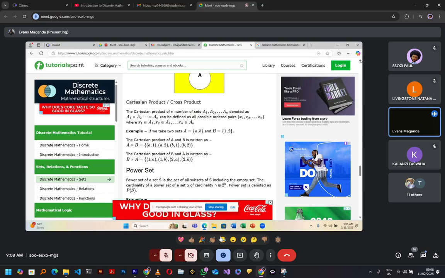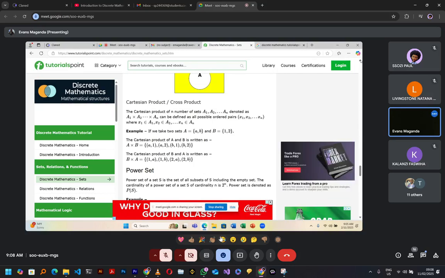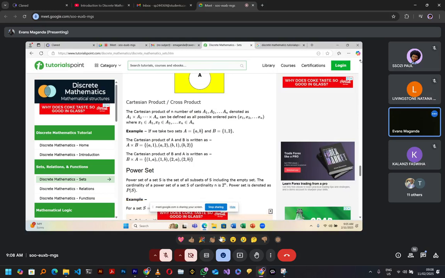When we talk about product, you know it's majorly about multiplication. So if we have set A equal to A, B, and set B equal to 1, 2.